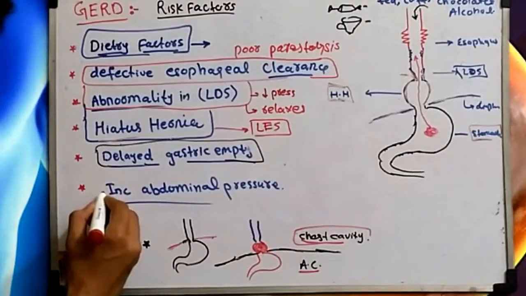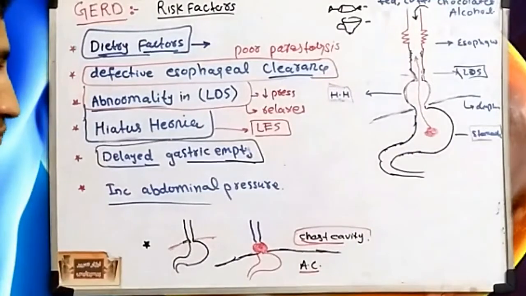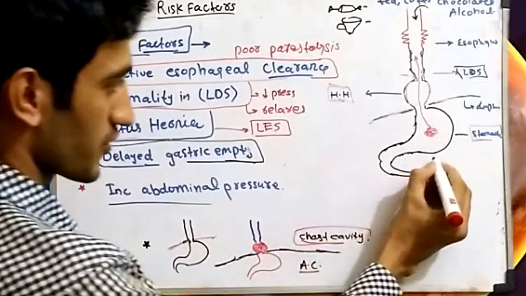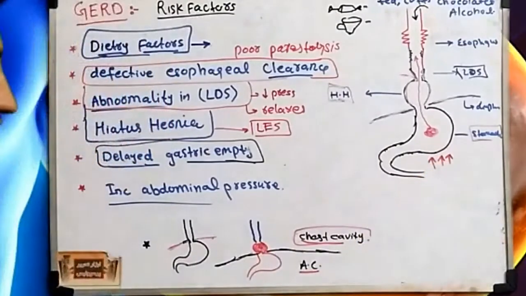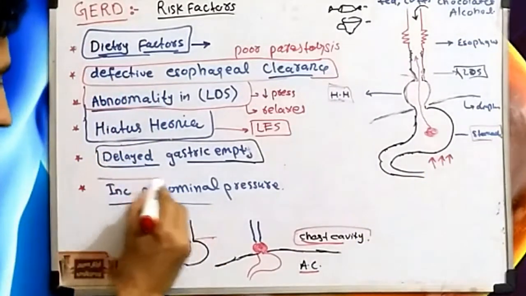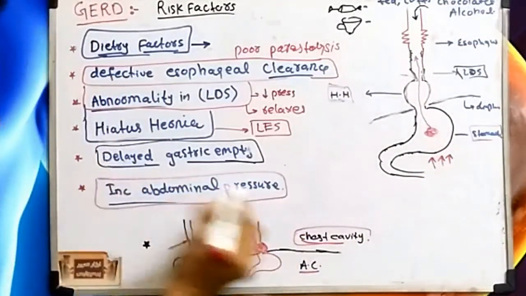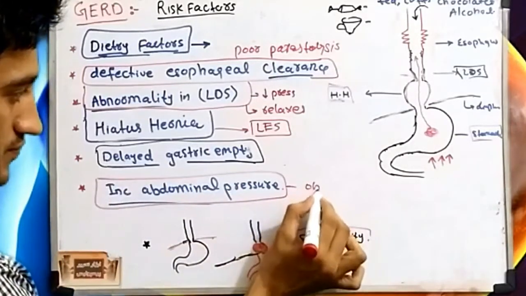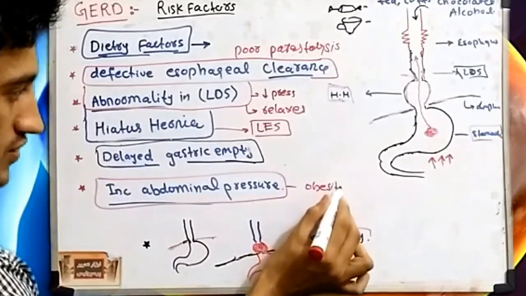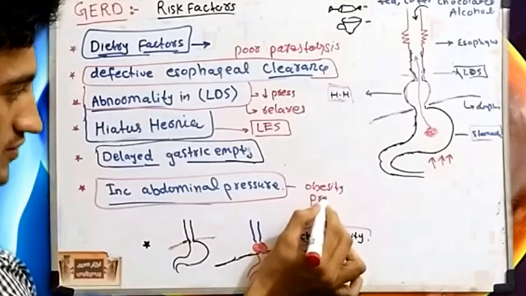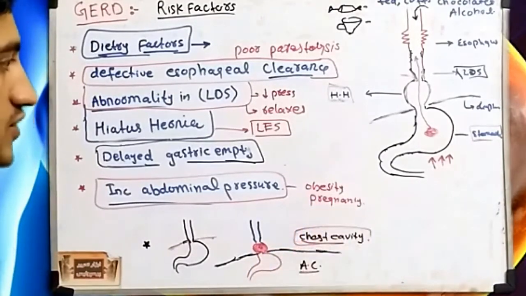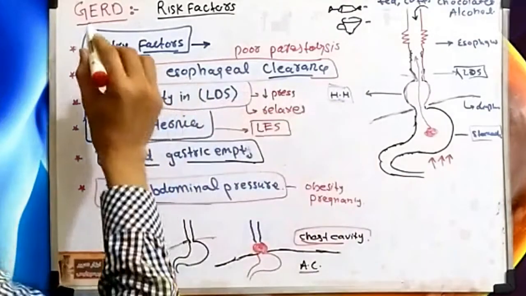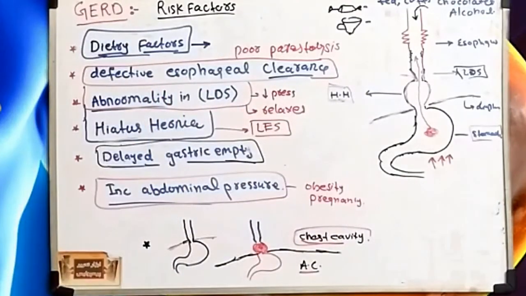And the last risk factor is increased abdominal pressure. Whenever there is increased abdominal pressure in conditions like obesity and pregnancy, it will cause gastroesophageal reflux disease.